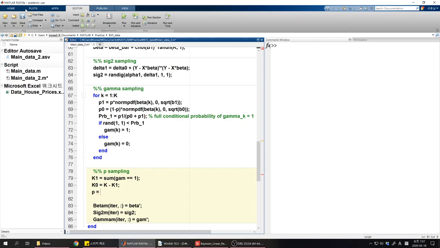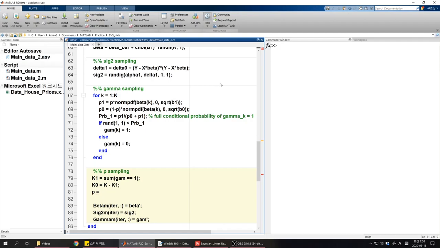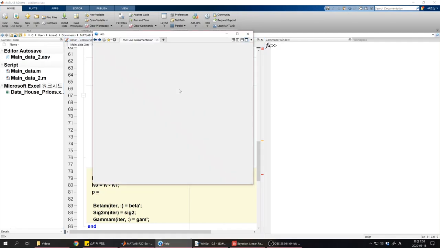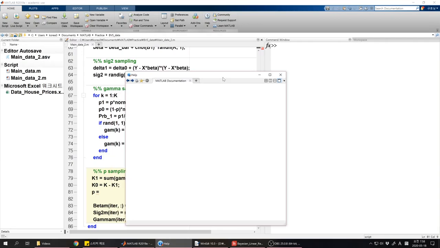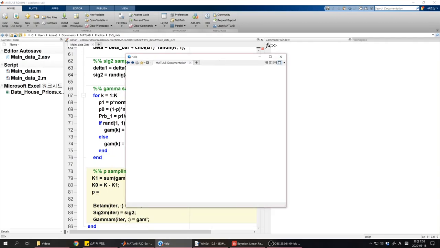How do we generate from the beta distribution using MATLAB? Let me Google it.